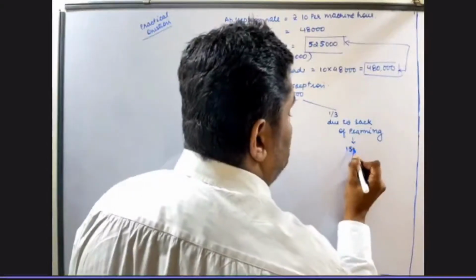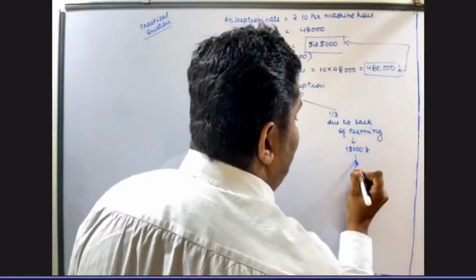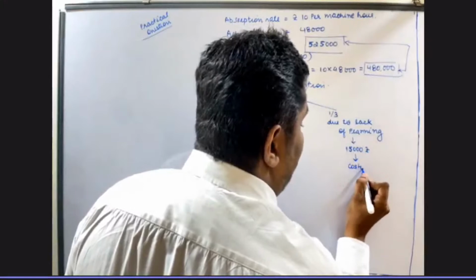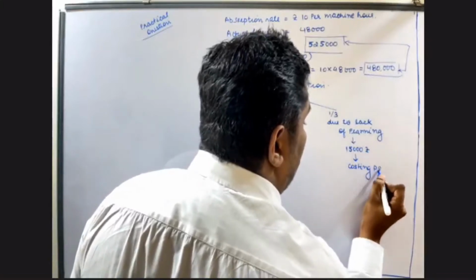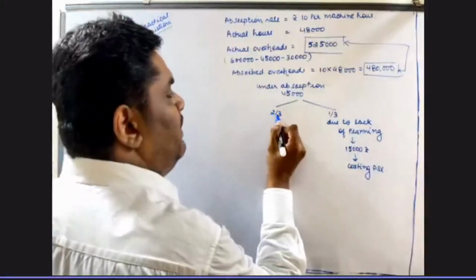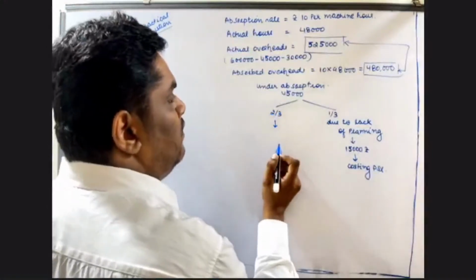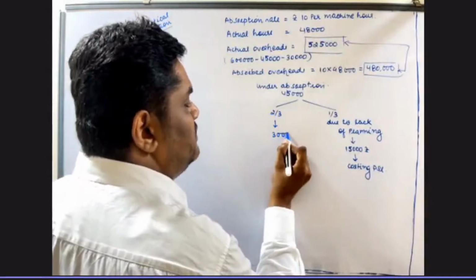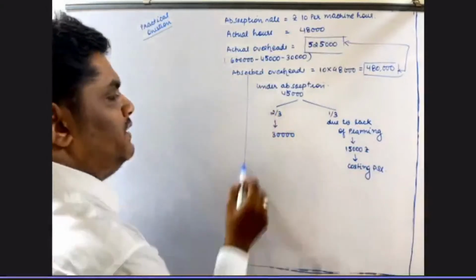So 15,000 rupees is to be transferred to costing P&L. Now the 2/3 amount, that is 30,000, we will calculate the supplementary rate.